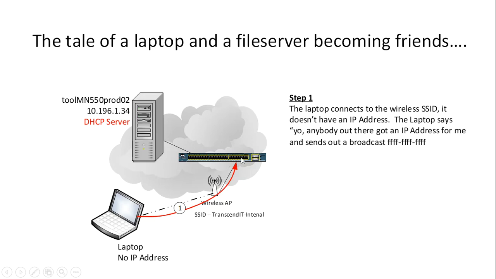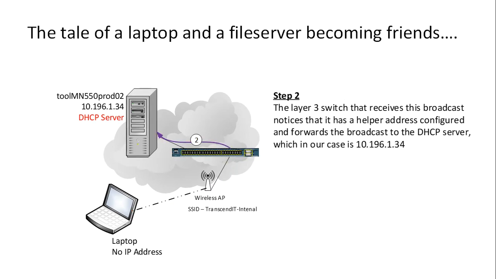And so therefore, step number 2, the switch receives the broadcast, and it by itself doesn't really know what the heck to do with it either, but there's this thing called a helper address, which is configured in the configuration of this switch, which we don't need to get into exactly how it's configured.